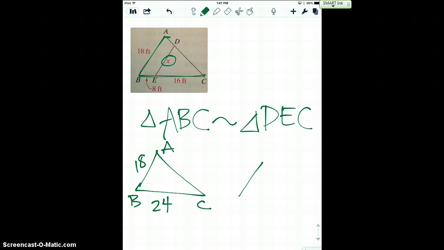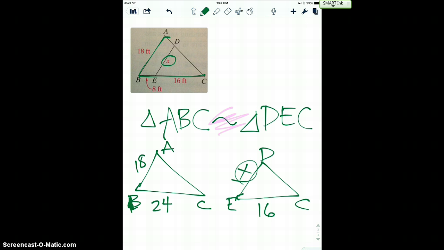And now I'm going to redraw DEC. And DEC, what do I know there? Well, I know DE is x, I know EC is 16, and that's all I know. So now maybe you have an idea of what to do. To get x, if these are similar, I know their sides are in proportion.